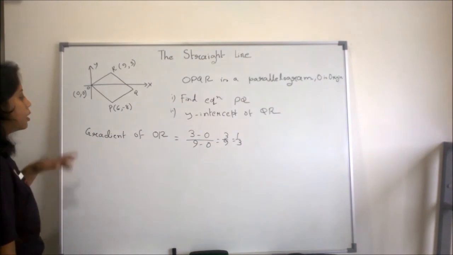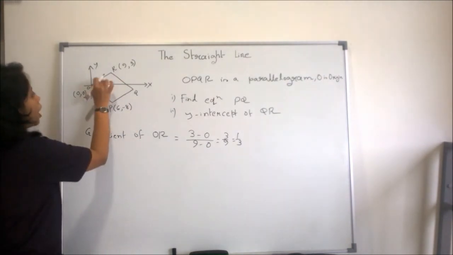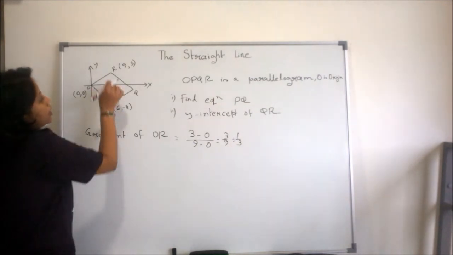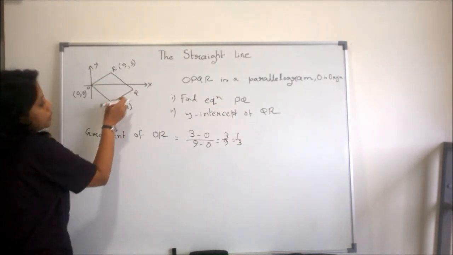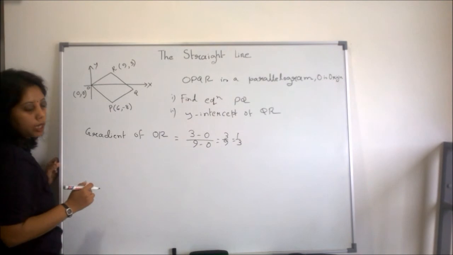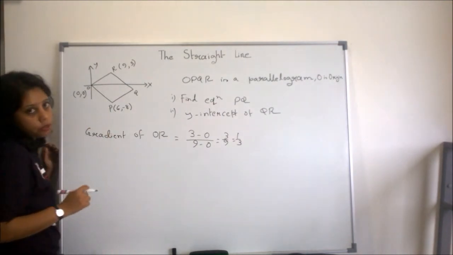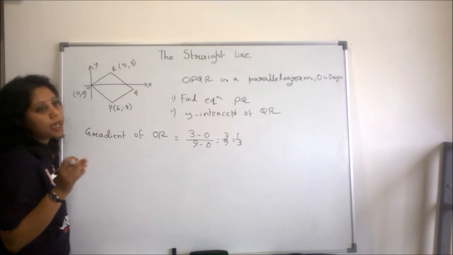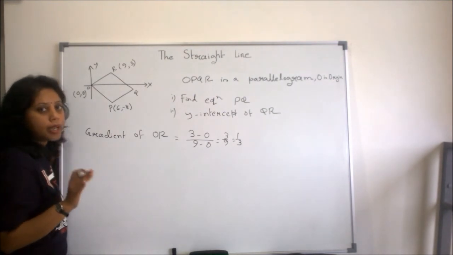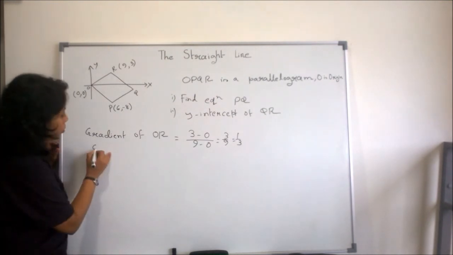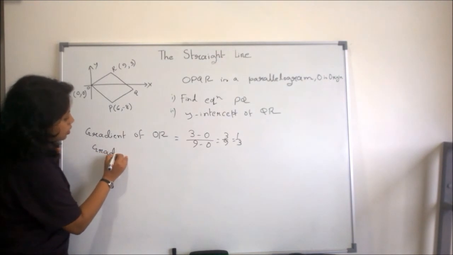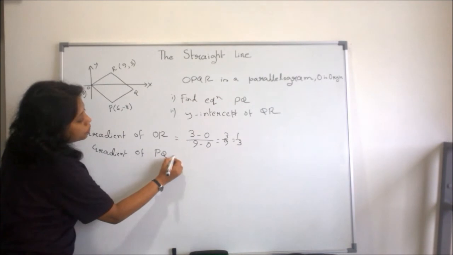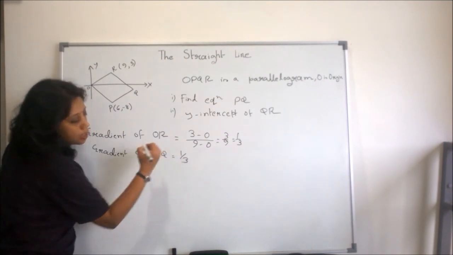The gradient of OR is 1 by 3, and the lines OR and PQ are parallel. And we know the condition for parallel lines: the gradients of parallel lines are equal. So the gradient of PQ is also 1/3.